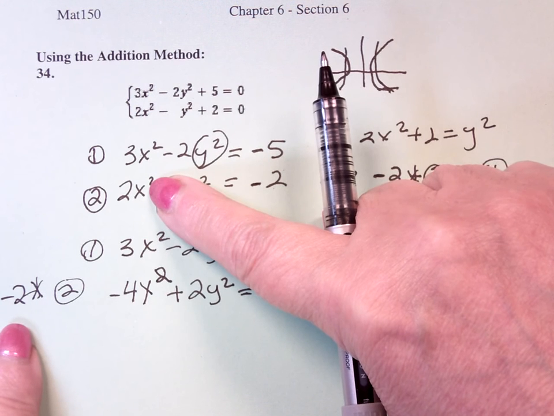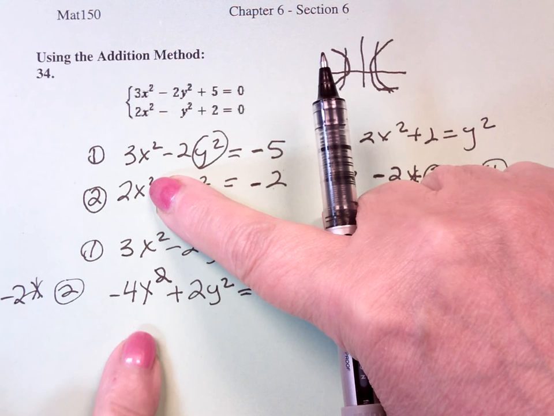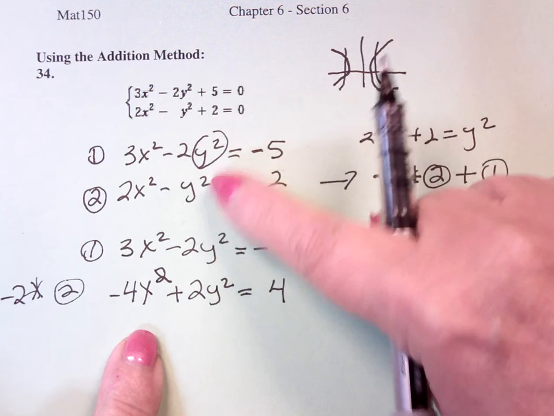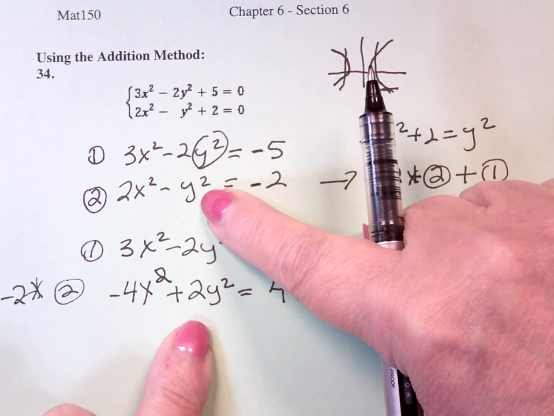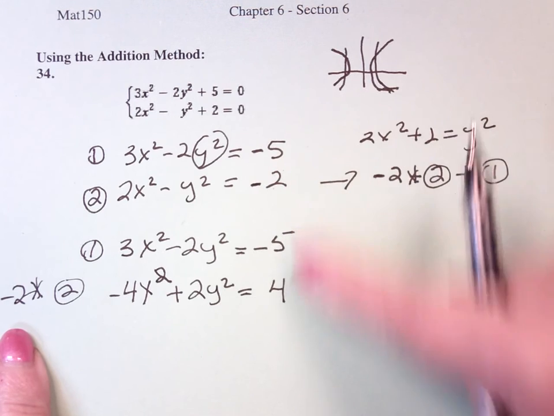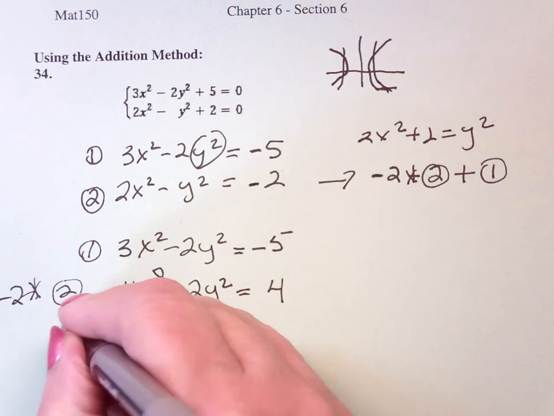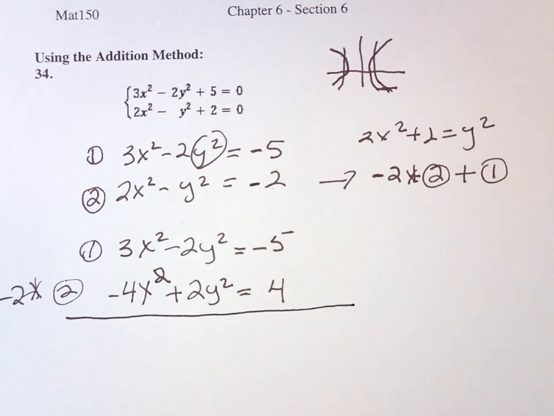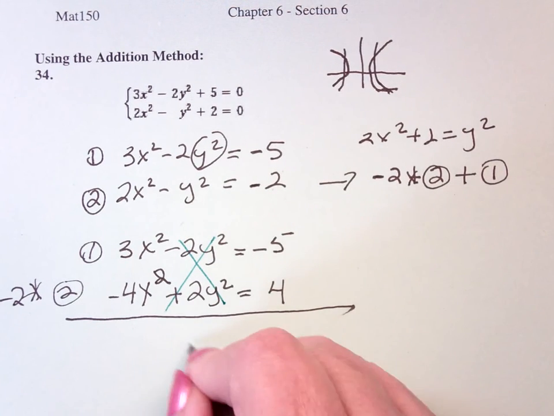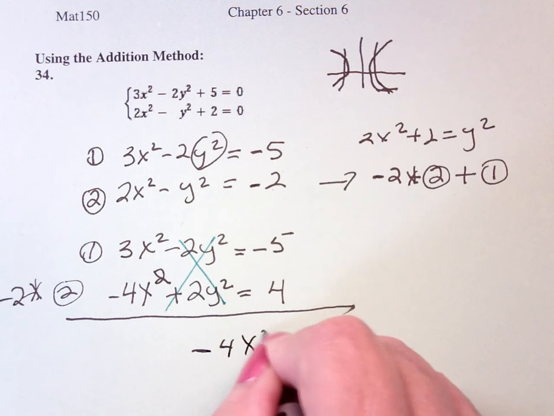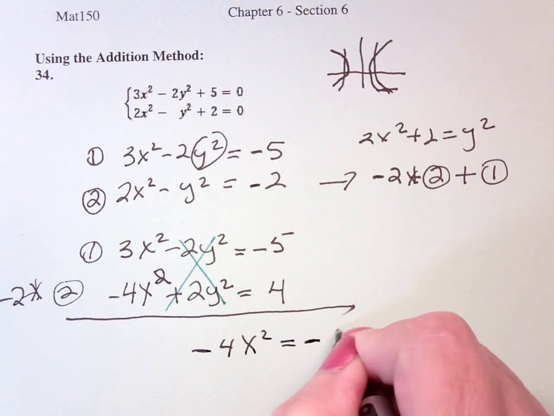So negative 2 times positive 2 is negative 4y squared. Negative 2 times negative 1 is positive 2, and negative 2 times negative 2 is positive 4, so I'm okay. And now you add, y squared drops out. You get that minus 4x squared equals minus 1.